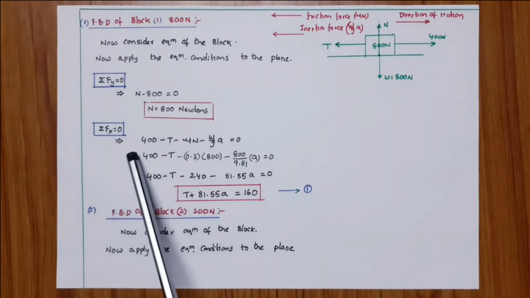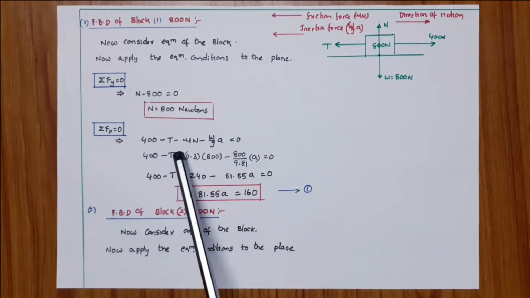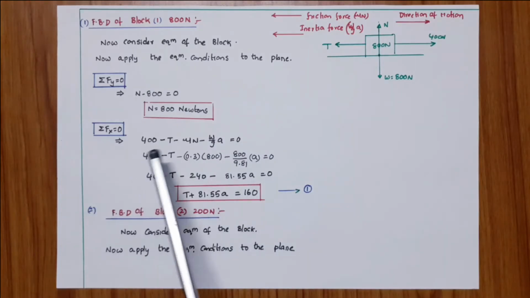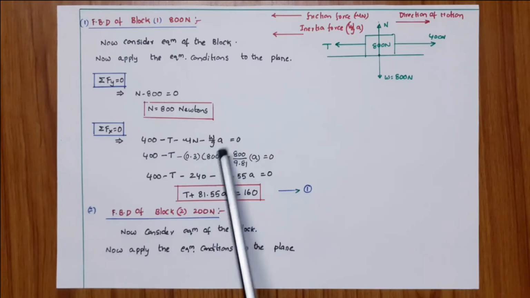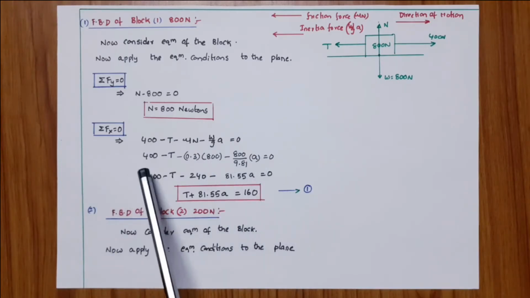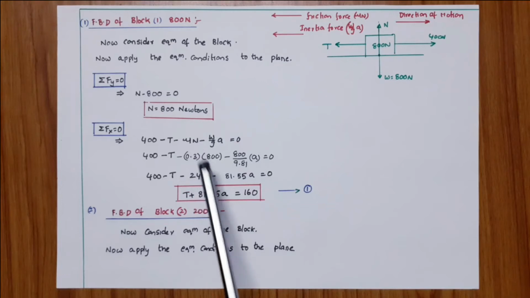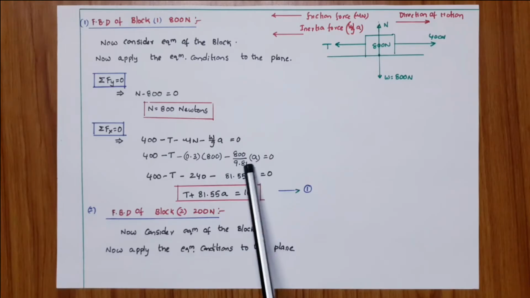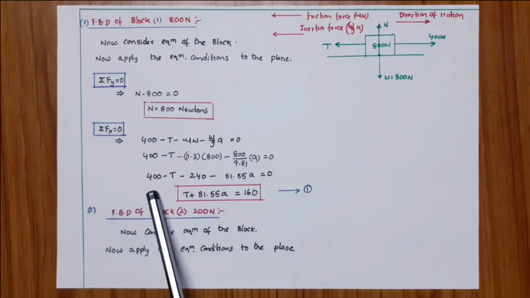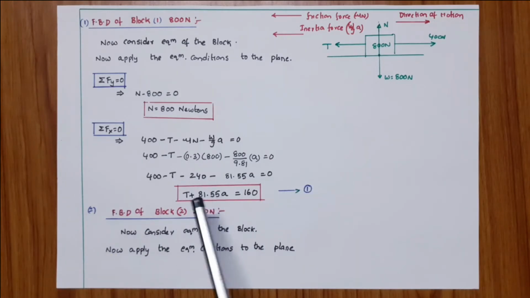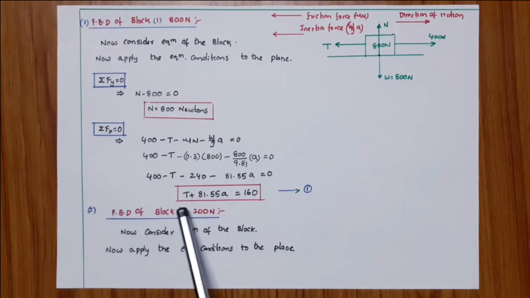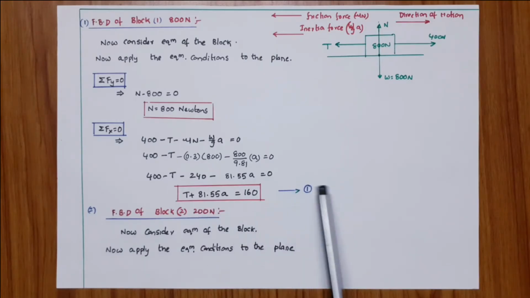So 400 minus T minus mu N minus W A by g equal to 0. 400 minus T minus 0.3 into 800 minus 800 by 9.81 into A equal to 0. So 400 minus T minus 240 minus 81.55A equal to 0. Finally T plus 81.55A equal to 160. This is equation number 1.